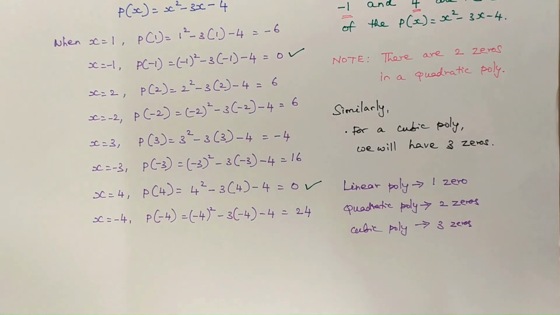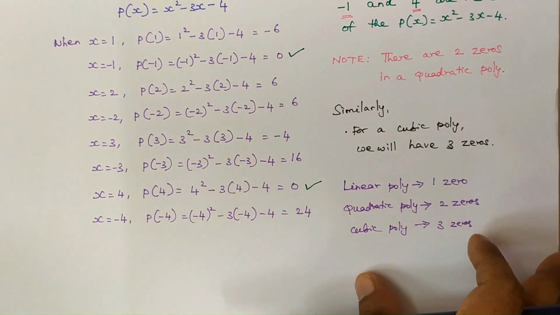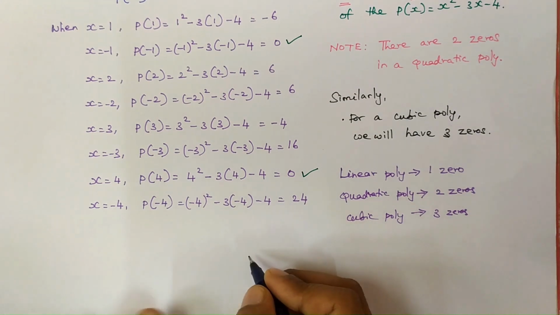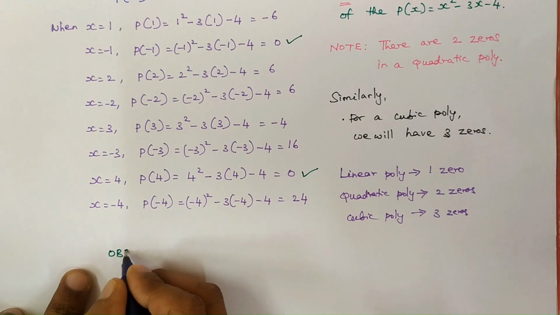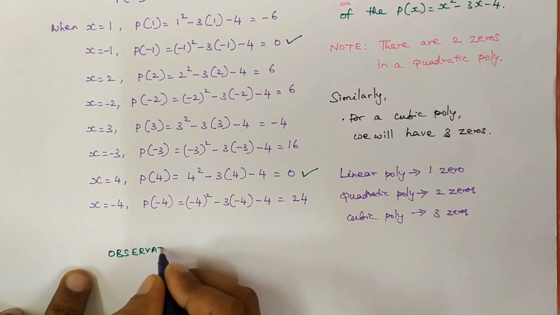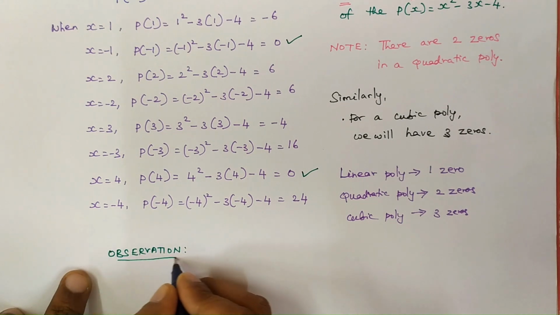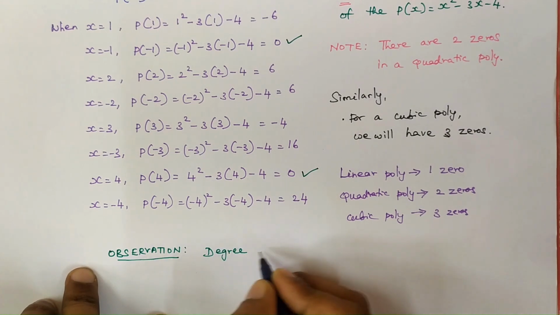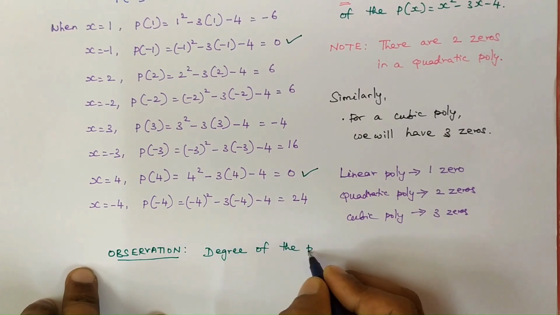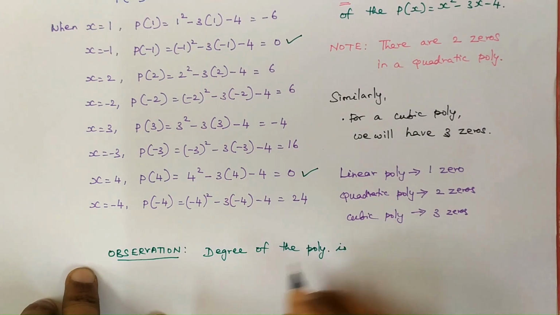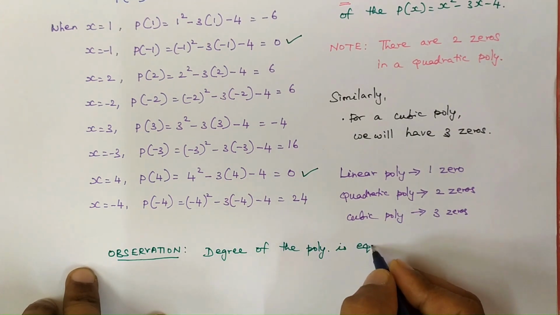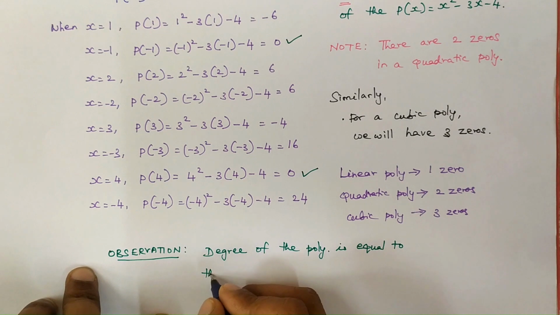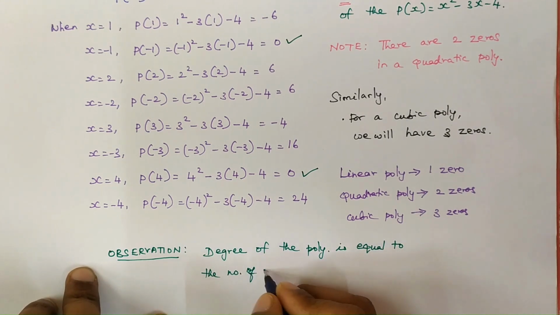So what is the observation here? The degree of the polynomial is equal to the number of zeros.